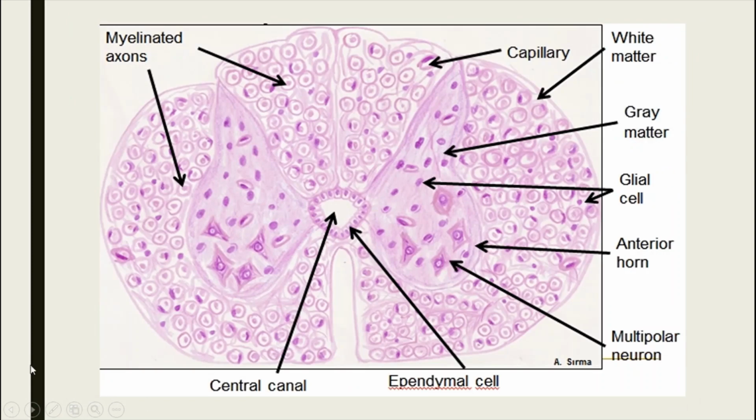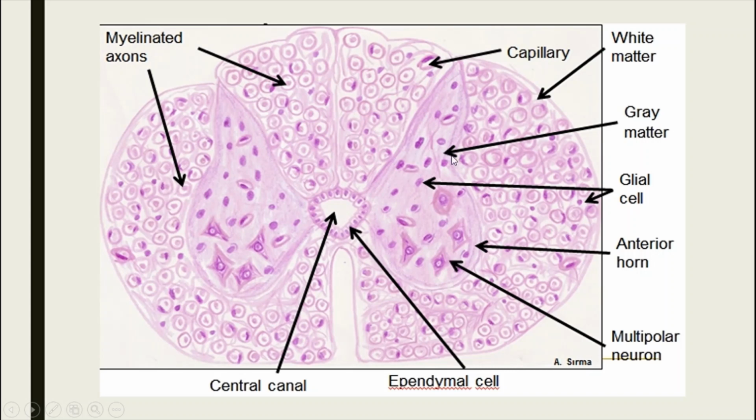So this is a diagram of how we can draw the histological slide of the spinal cord. These are the white matter containing myelinated axons. This is the posterior column. This is the anterior column. This is the lateral column.